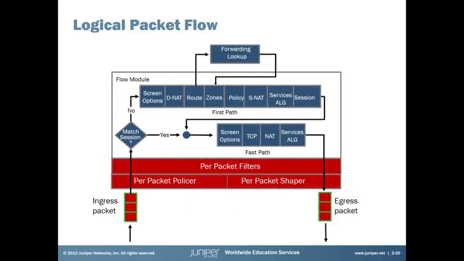Okay, so let's take a look at the logical flow of traffic through our SRX device. Let's just take a look at what happens. How does this work? A packet comes in on an interface. So here we have our packet ingress.